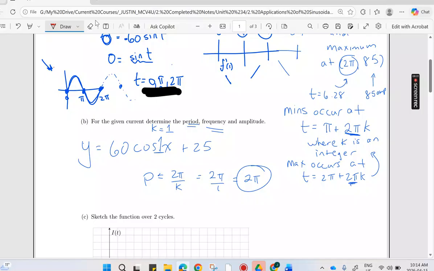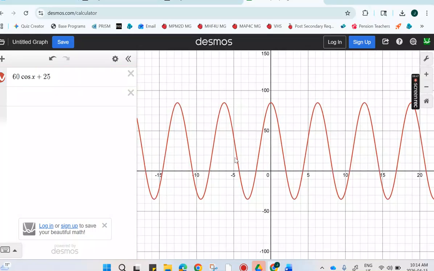Then we make this red. Our amplitude is 60. What's the amplitude again? It's the distance from the middle to either the max or the min. So if our amplitude is 60, and you look at this function, our middle line is 25, because the plus 25 tells us our middle line.